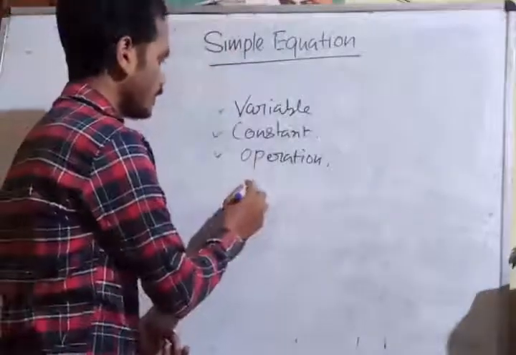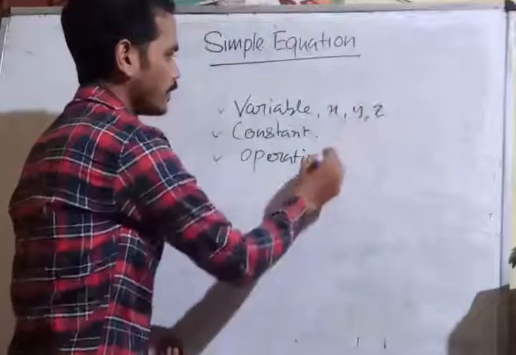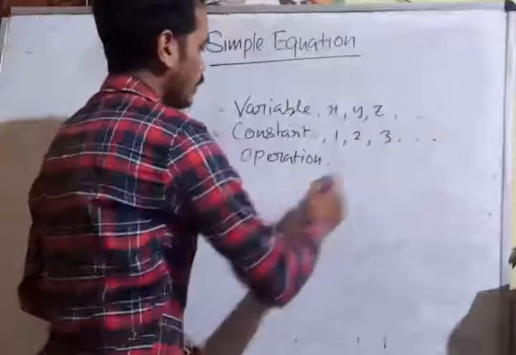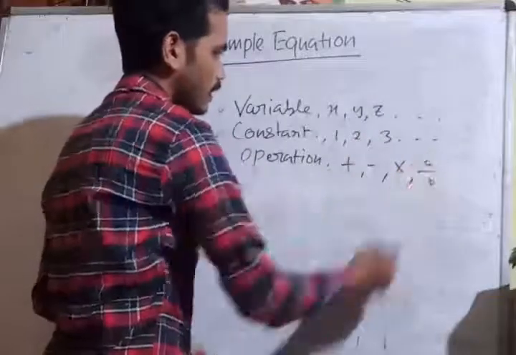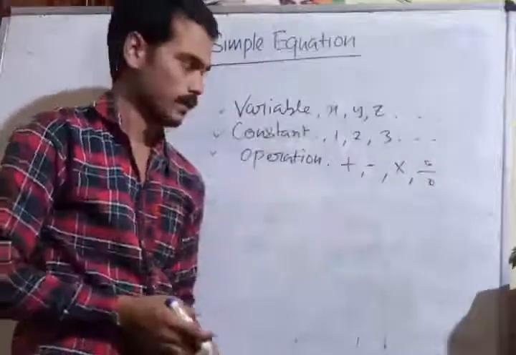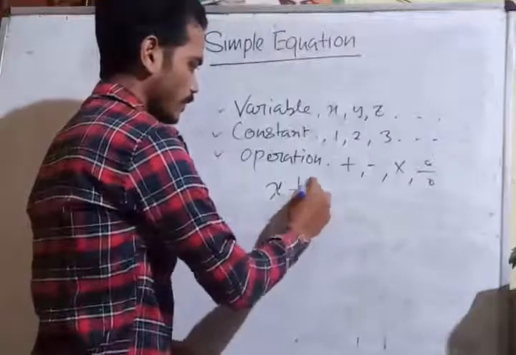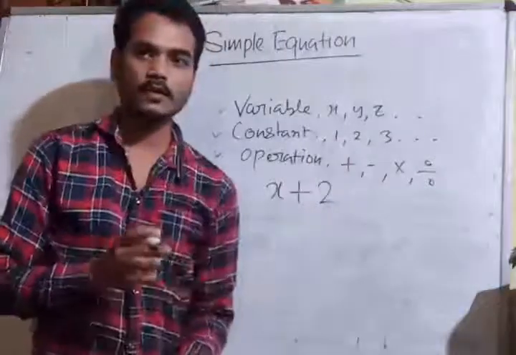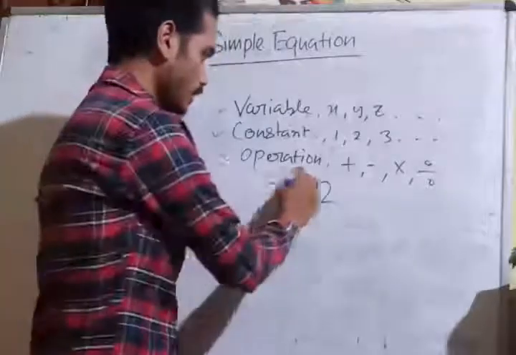Suppose you write variables X, Y, Z, constants 1, 2, 3, and the operations plus, minus, multiplication and division. Suppose I am writing here X, then taking the operation plus and then 2. This X plus 2 is called your expression.